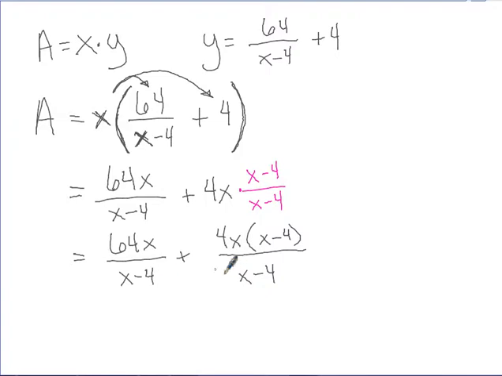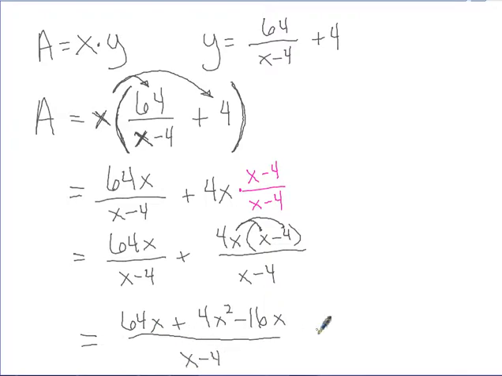So now that these two things have the same denominator, I can add their numerators. So I'm just going to distribute into here, 4x squared minus 16x. When I multiply all this by all that, all divided by just x minus 4, it gives me one single rational expression, 4x squared plus, let's see, 30 minus 16 is 14x, all divided by x minus 4.